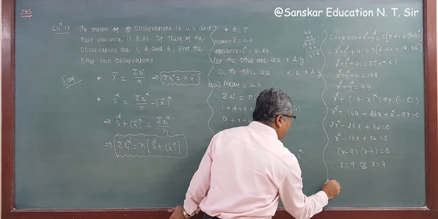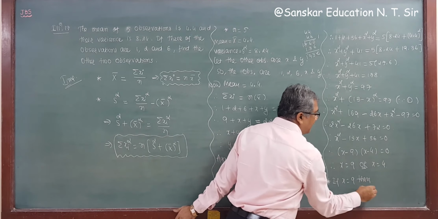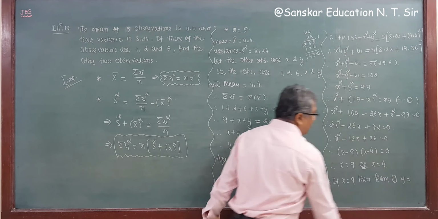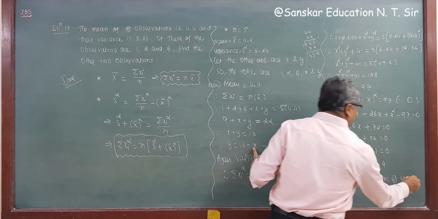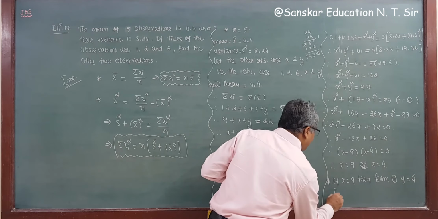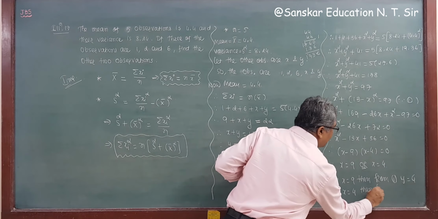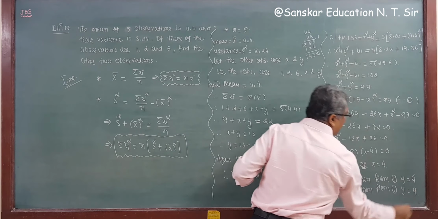So if x is equal to 9, then from 1, y is equal to 13 minus 9, which is 4, and if x is equal to 4, then from 1, y is equal to 9.